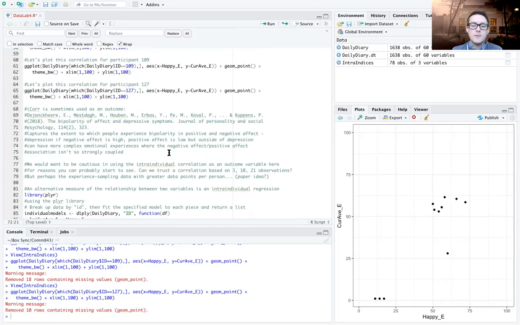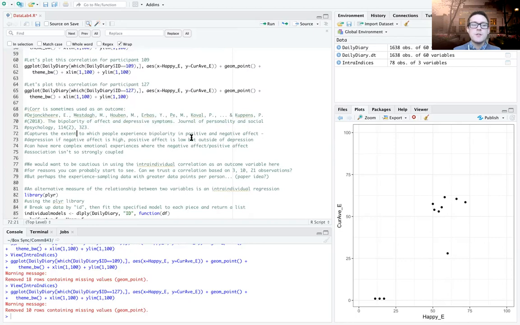And so just to tease this apart a little bit further, they're looking at this bipolarity of positive and negative affect in the context of depression. If negative affect is high, then positive affect is low. So there's this bipolarity, like I can tell something about your positive affect based on your negative affect. They're going to be opposite.